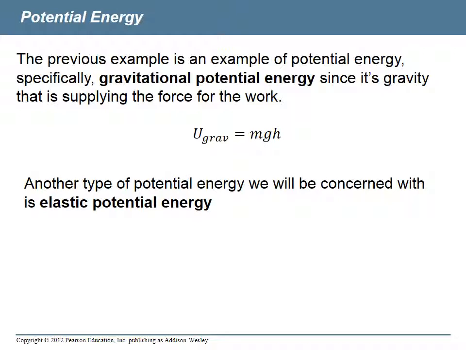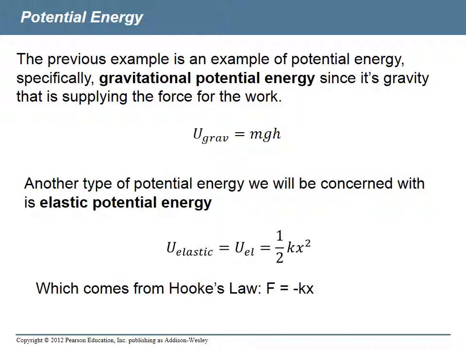Another type of potential energy that we have is elastic potential energy, which I told you guys about earlier in the video. The equation for elastic potential energy, U elastic, or what I'll usually write on the board, just U_EL, is equal to 1/2 kx squared, which comes from Hooke's law. I won't go through the derivation, but it comes from Hooke's law, in which our force is equal to negative kx, right?